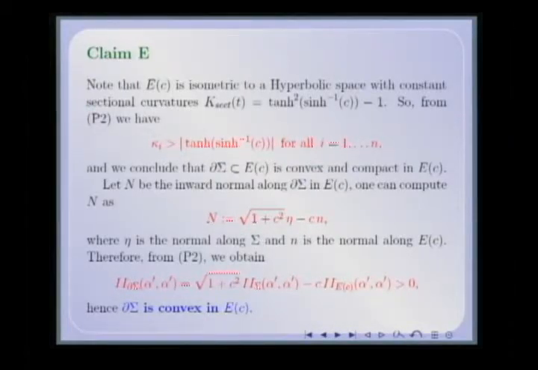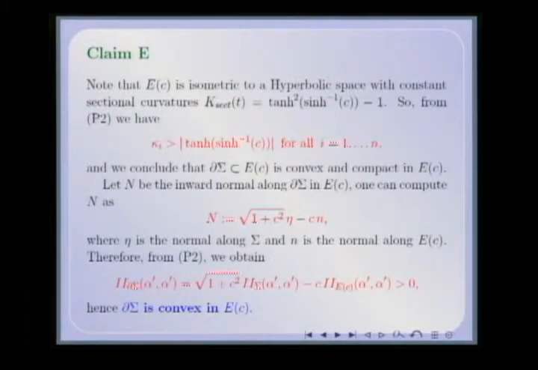This equidistant is a hyperbolic space whose sectional curvature depends on the principal curvature and is given in this way. This is less than 1, so it's isometric to a hyperbolic space. But the principal curvatures of this surface are bigger than the principal curvature of the equidistant.